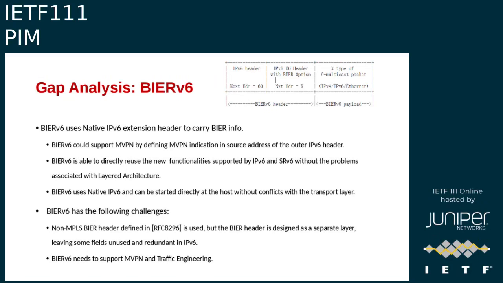So I don't really see this gap analysis as unbiased analysis. You are promoting a single solution. Okay, so if you have this, it can be discussed on the mailing list because this is BIER.